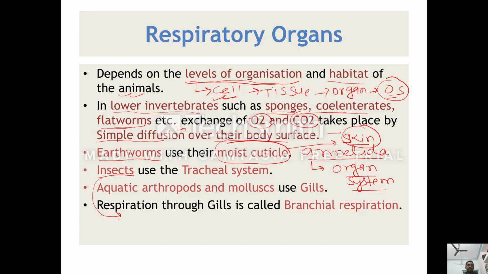Insects belong to the phylum called Arthropoda, and in insects there is a tracheal system.